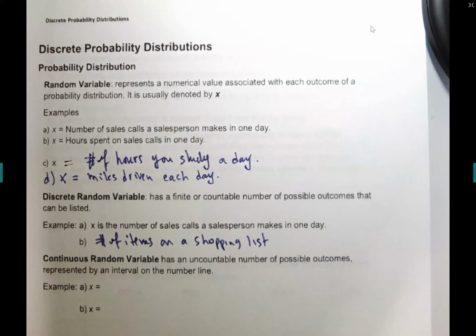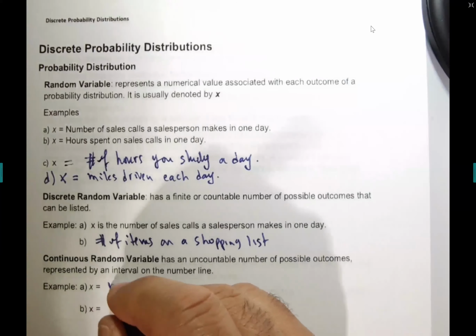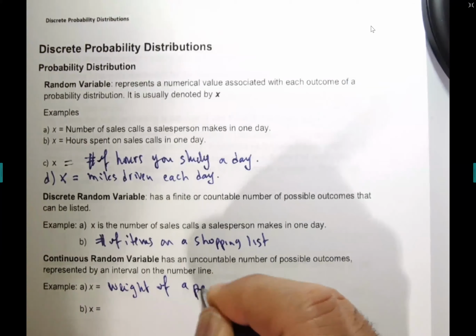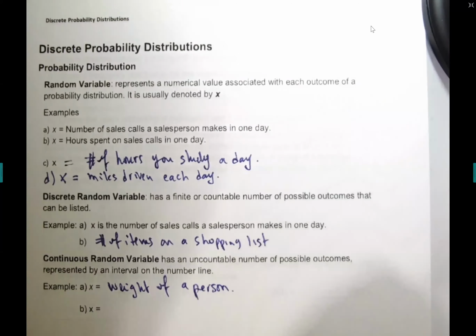For example, X is the weight of a person. Weight of a person is not countable, meaning if one person is 160 pounds, does it mean that the next person who is a little bit heavier than that one is going to be 161 and the next one will be 162?